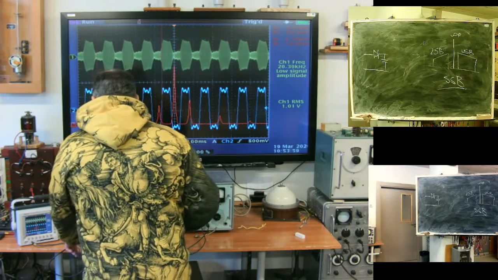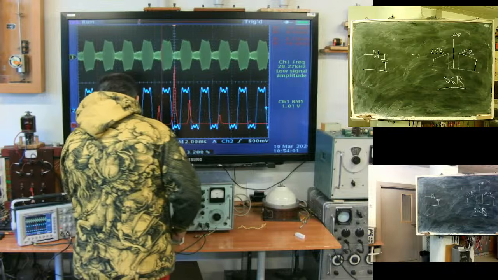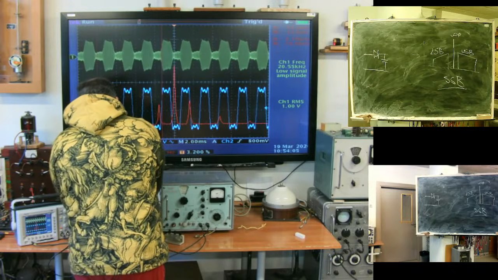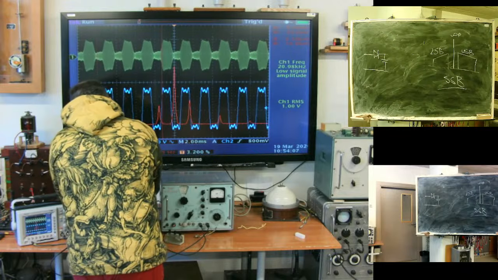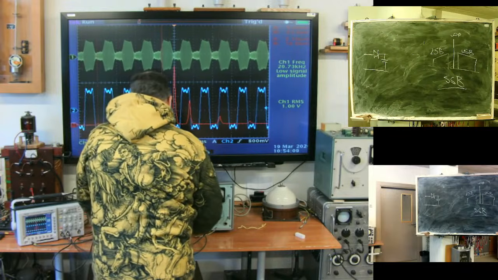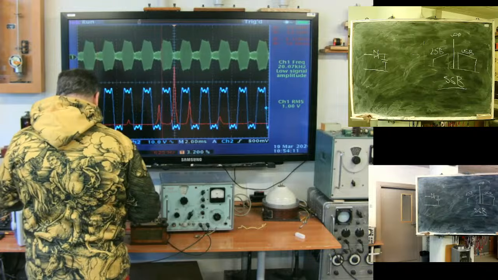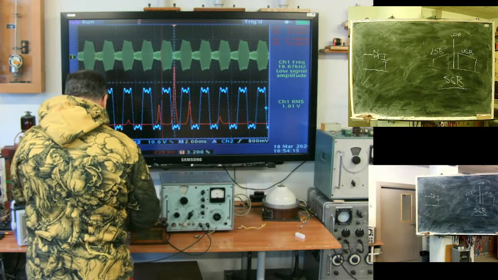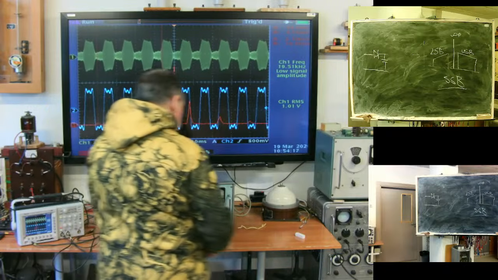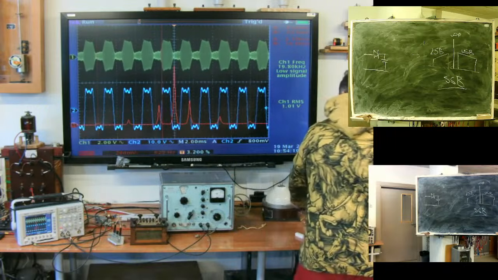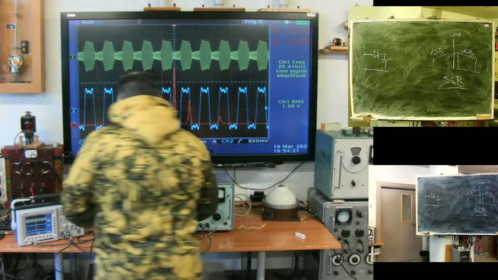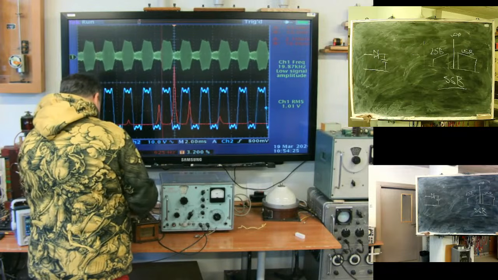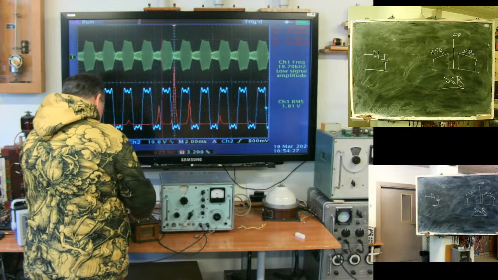Oh, okay. It will go from there. Here will be my ground. My small resistance box will act as a load.